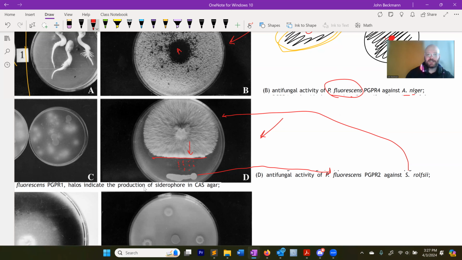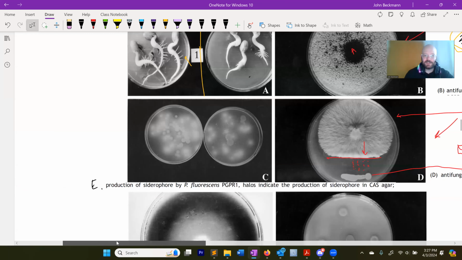So I would say the data here support strong inhibition against this disease, which is the southern blight. But I don't really see strong inhibition against niger, in my opinion. Okay, let's look at some of these other things.